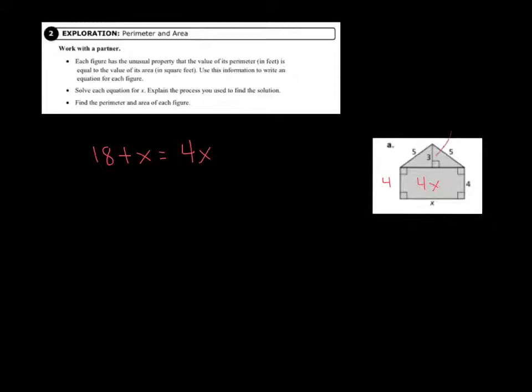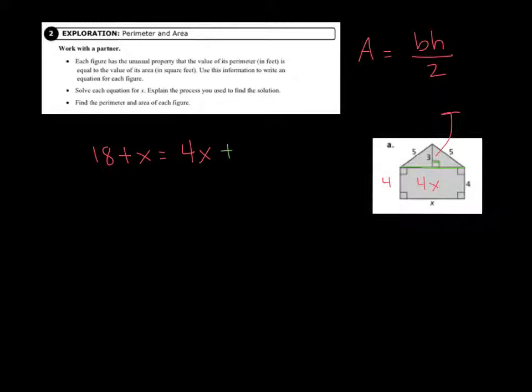Now remember, when you find the area of a triangle, you do your base times your height divided by 2. So I know that this triangle's base is actually this part right here. I know that because I see this little perpendicular line, which gives me the height. So I see that the base of the triangle is actually x.